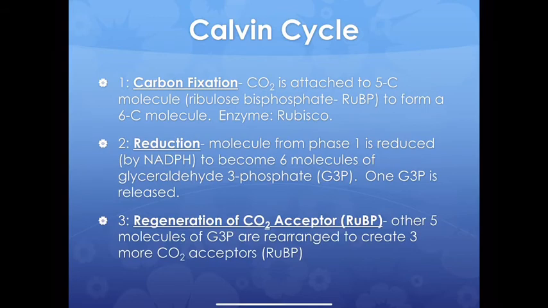So, in carbon fixation, we've got our CO2 that's coming in from the air, right? And it is combining with a molecule called ribulose bisphosphate, with an enzyme called Rubisco. Now, that is a tricky enzyme because it doesn't end in ACE like most of our enzymes do.